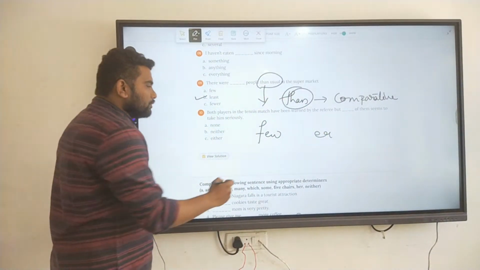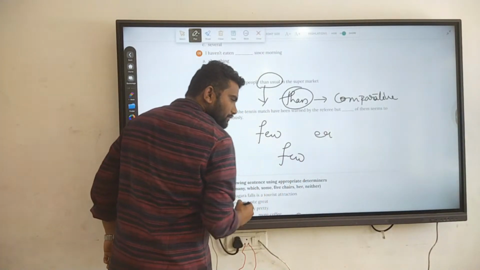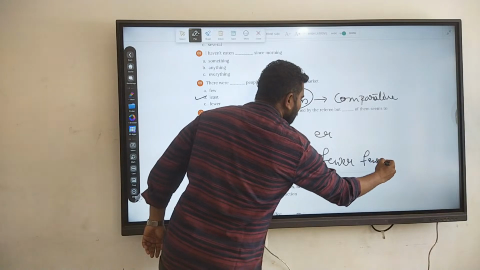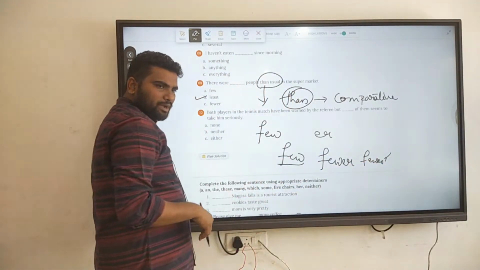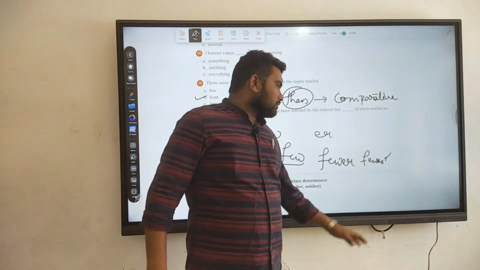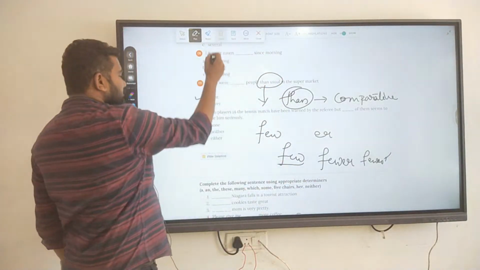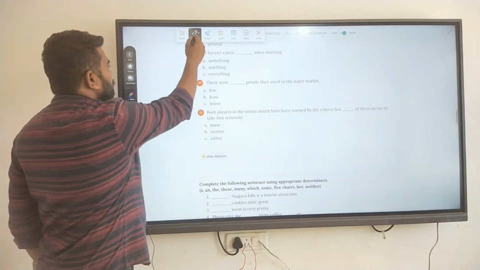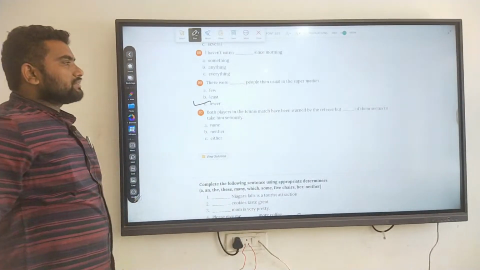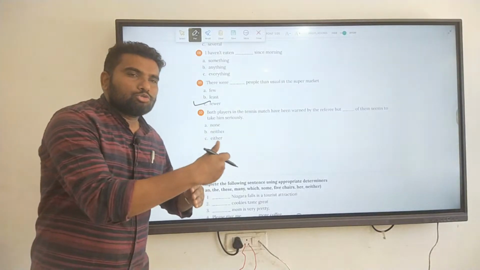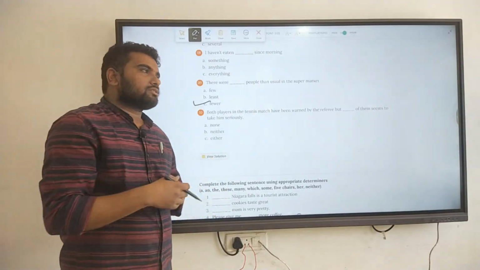It is fewer. So few, fewer and fewest. See, few is positive, fewer is comparative, and fewest is the superlative degree. So your answer will be fewer. There were fewer people than usual. So here we are comparing two circumstances or two moments.